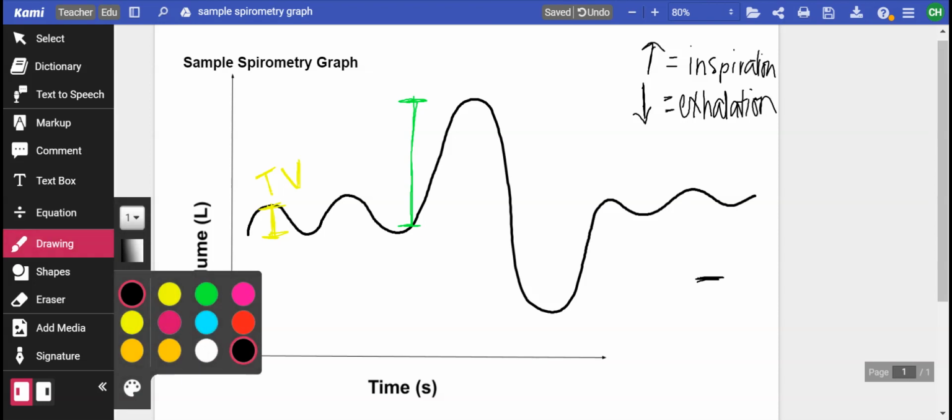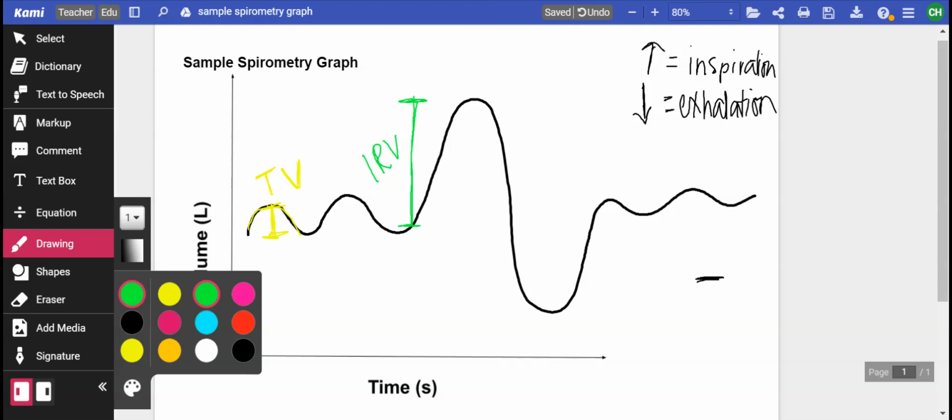Okay, so back to this peak. So the tidal volume here, we talked about when it goes up, that's breathing in, and when you go down, that's breathing out, but that range in between is a normal breath. If you went and sucked in all the air that you could suck in, we would call that your IRV, which is your inspiratory reserve volume. Kind of makes sense.